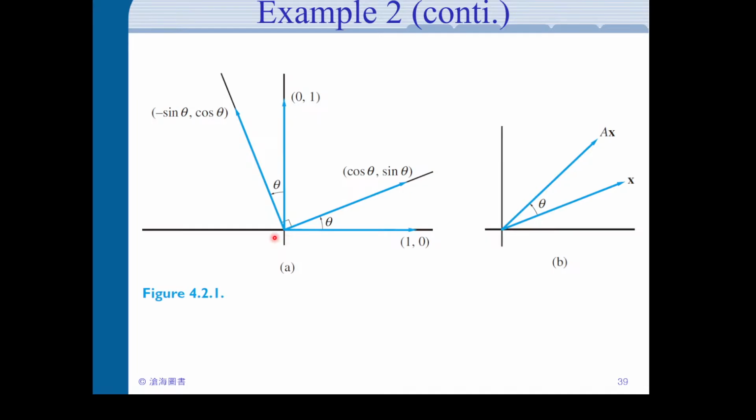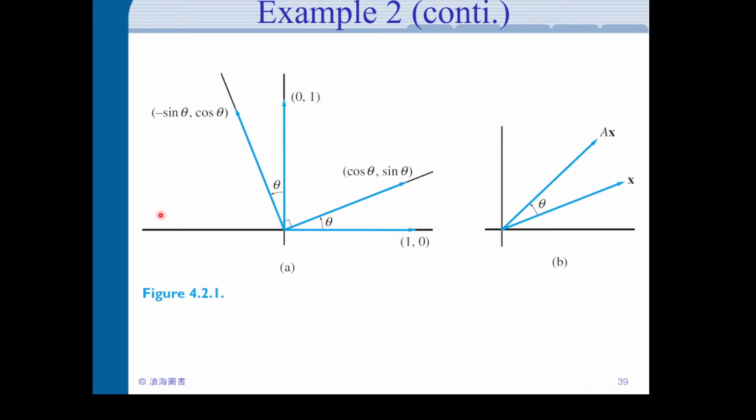We now need to do some trigonometry, and this vector has coordinates cosine theta and sine theta. Similarly, you rotate the vector (0,1) by angle theta, and trigonometry says this length is cosine theta, this length is sine theta, but it's in the negative direction. So actually you have the vector (minus sine theta, cosine theta).